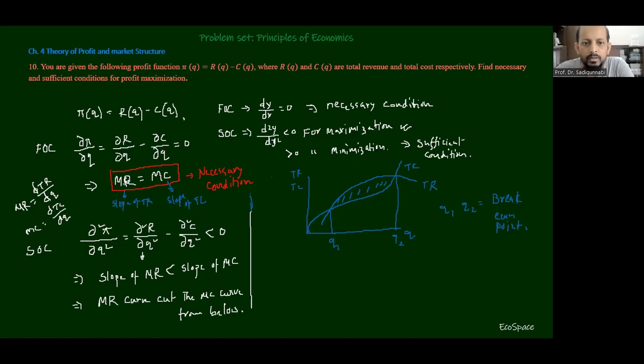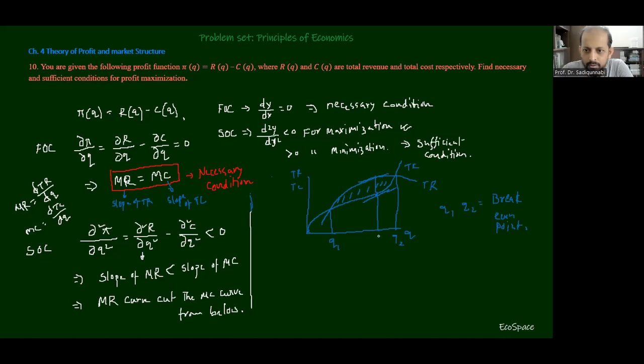So the slopes should be parallel to each other. When we find the parallel slope, it should give the maximum distance here. Okay, so this is our maximum distance.